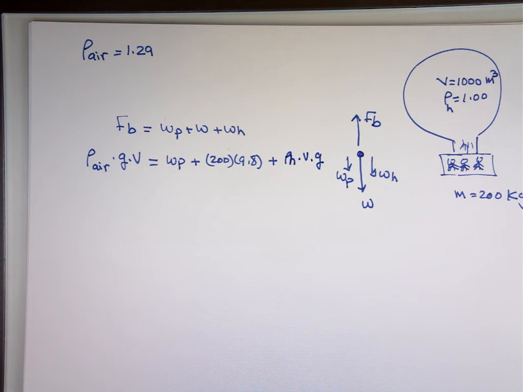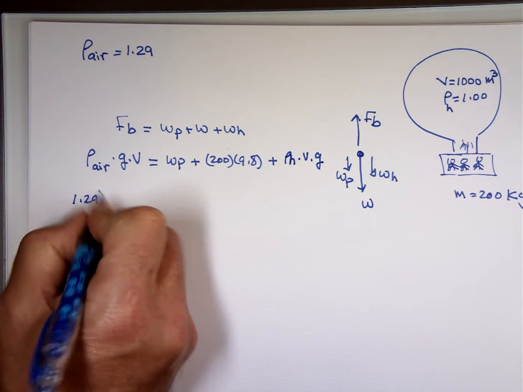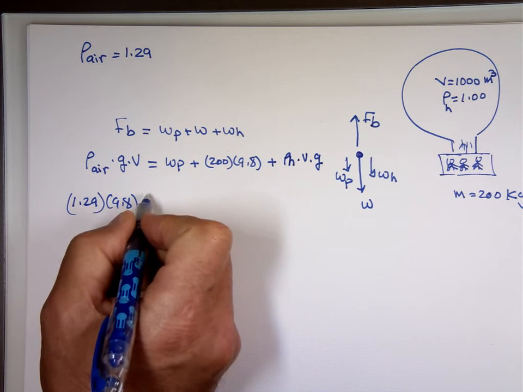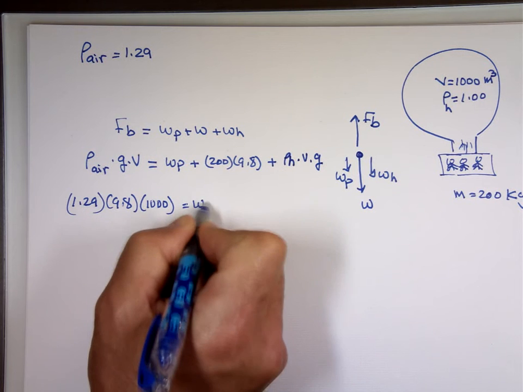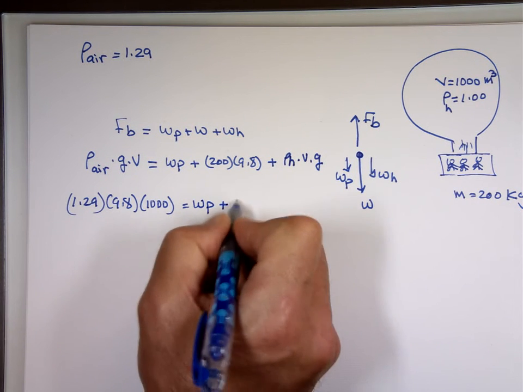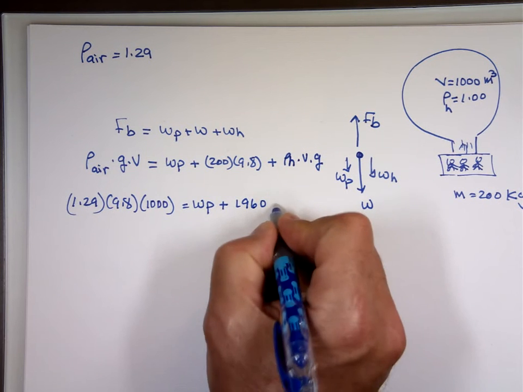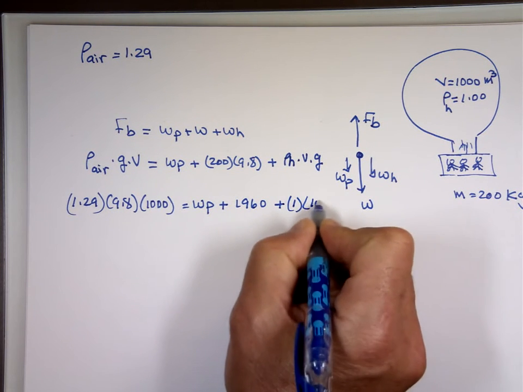Rho for air is 1.29, gravity 9.8. The volume, we say, is 1,000. I use 1,000 equals W_P plus 1960 plus 1 times 1,000 times 9.8.